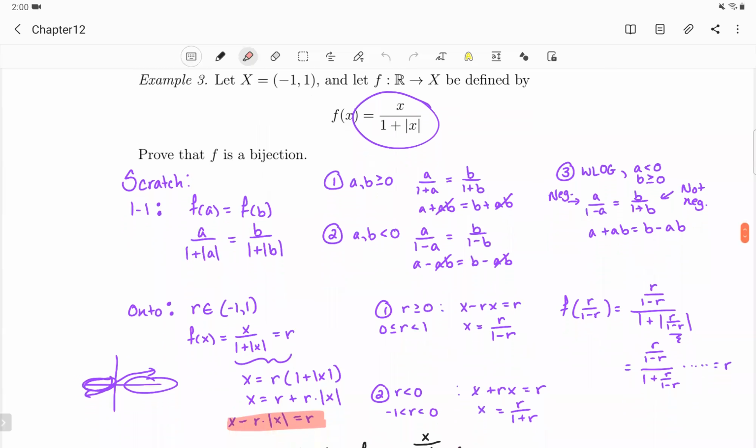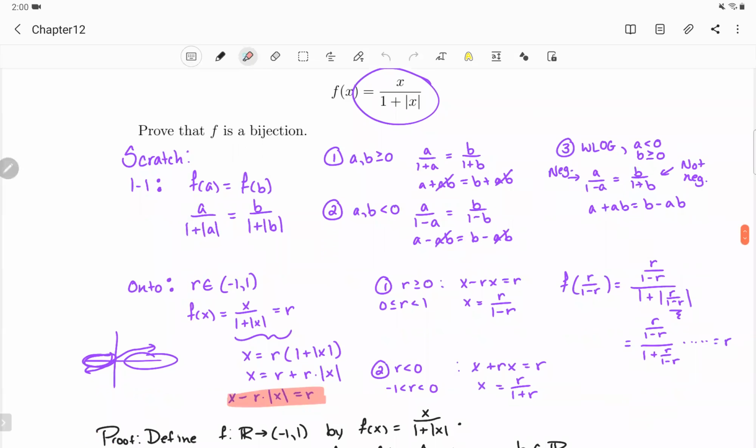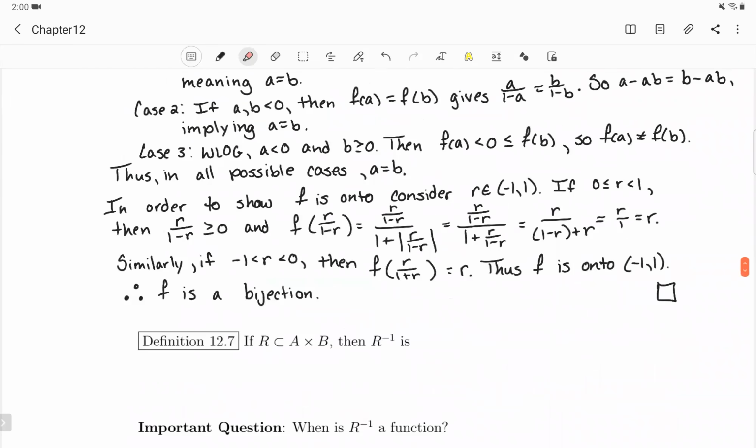The key with one-to-one, just to remind you, was to assume you had two things where the function was equal, and then work to show that A equals B in the first place. And the key with onto was this kind of magic behind the scenes where you work and work until you get some magic domain element that outputs the range element you want. All right, so that's what we did last time.